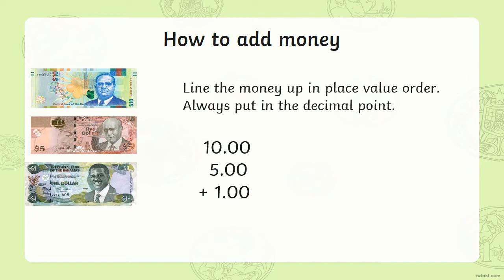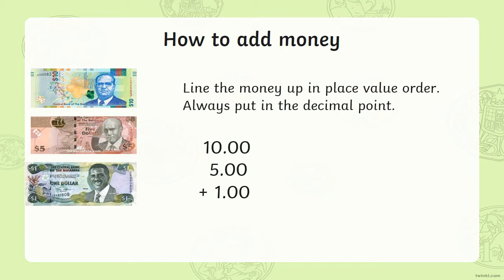Okay, so notice we have no coins, so therefore on the decimal side, on the right side, you only have 0, 0, 0. That's for the coin side. On the left side, we have the $10, the $5, and the $1. And in between, we have the decimal point.